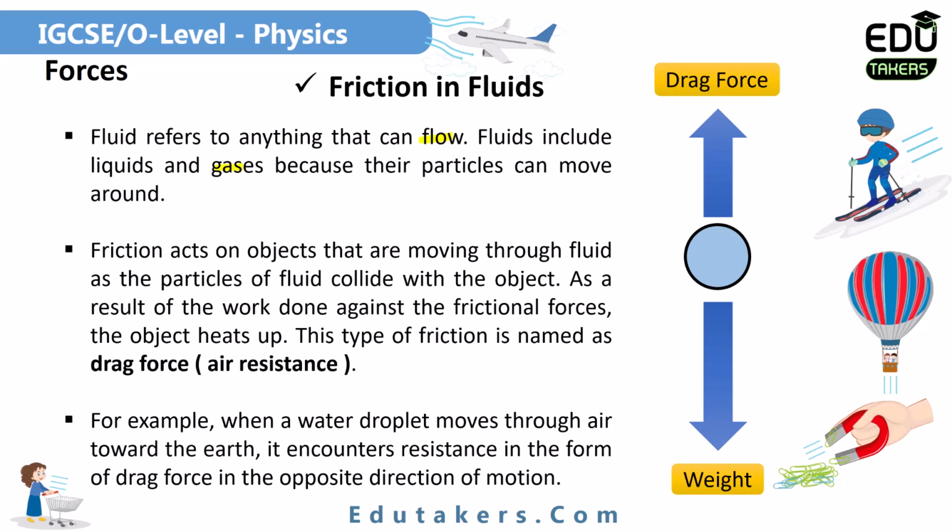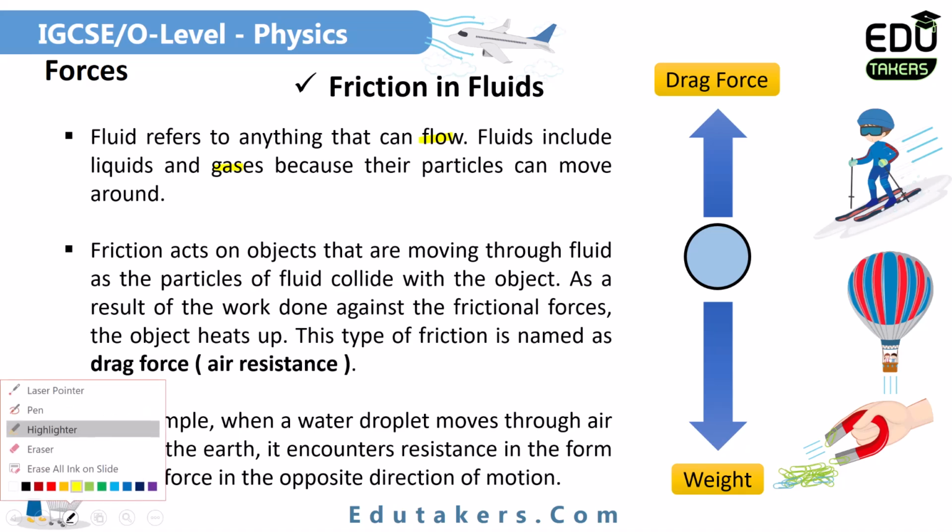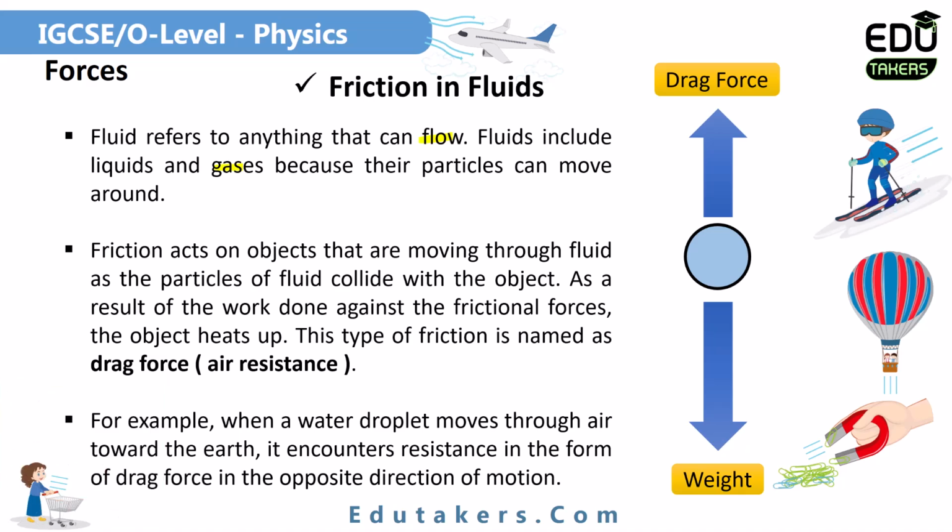So basically, I can simply say here, when the object moves through the fluid, initially there is only one force acting, which is the weight, and it's acting in the downward direction. After that, with the passage of time, when the droplet moves downward, it accelerates due to the force of gravity. There is another force which is acting in the opposite direction. It's the drag force.